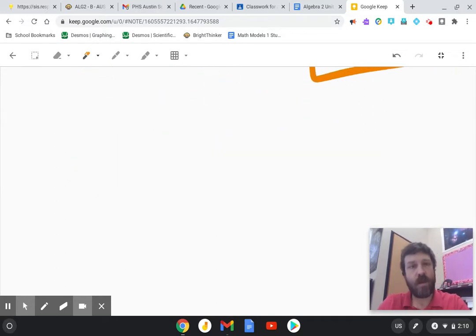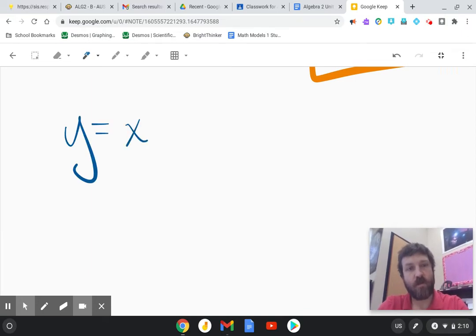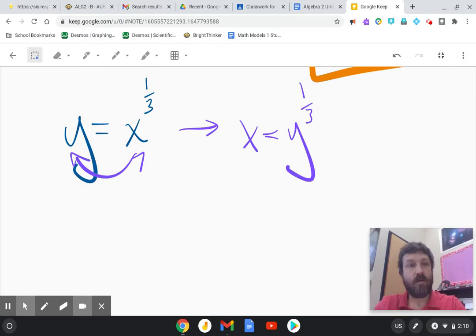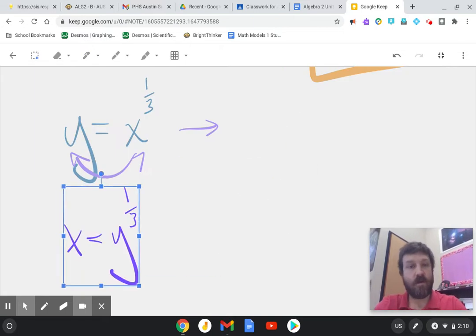With radical functions, not much is different. You're still going to be doing the opposite. So for instance, if I was given something as simple as this, again, I switch the x and the y, and that gives me x equals y to the 1/3 power. I'm actually going to grab that, move it down here.